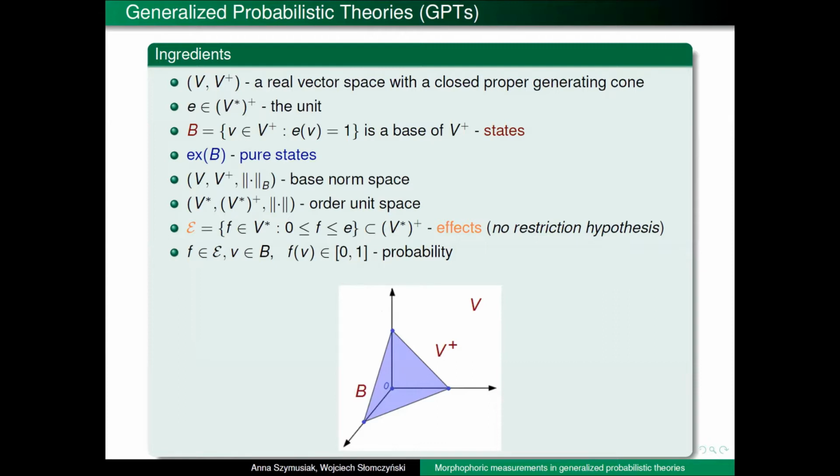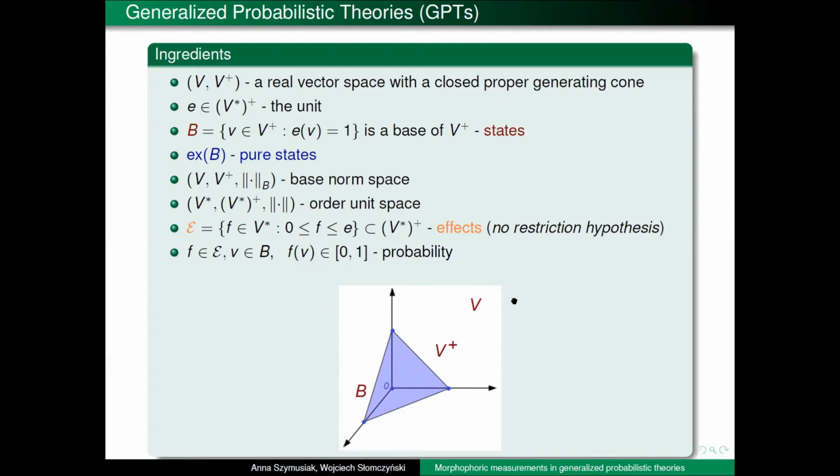Generalized probabilistic theories are, in a sense, a generalization of quantum mechanics and classical mechanics and much more. There are different definitions and different approaches to generalized probabilistic theories. So I would like, not to introduce the notion in a formal way, but to explain what the ingredients of the theories are.